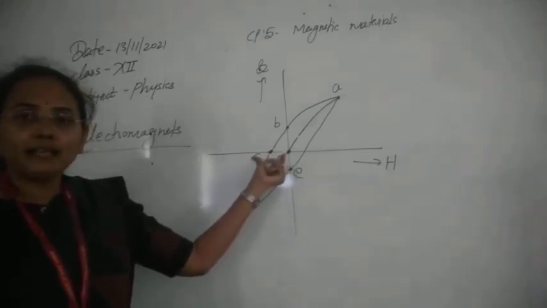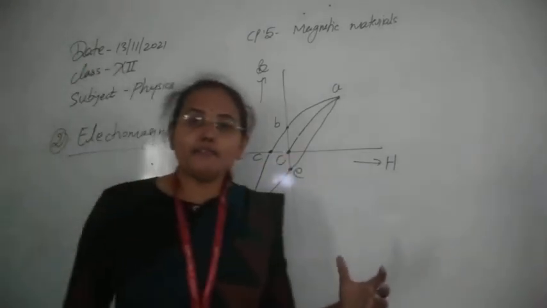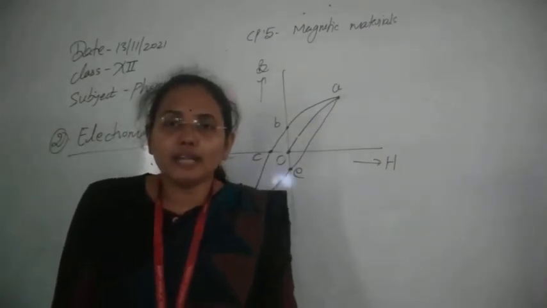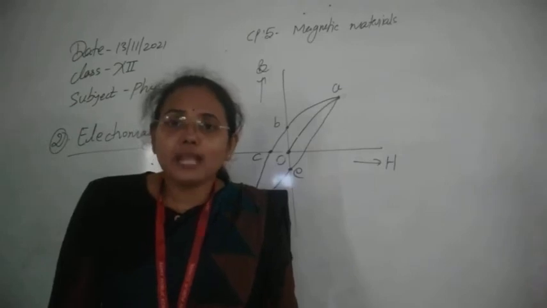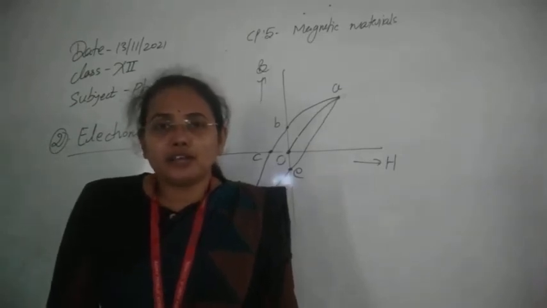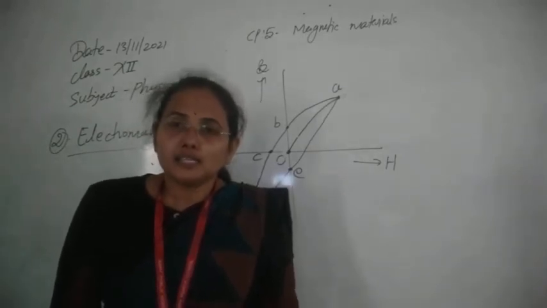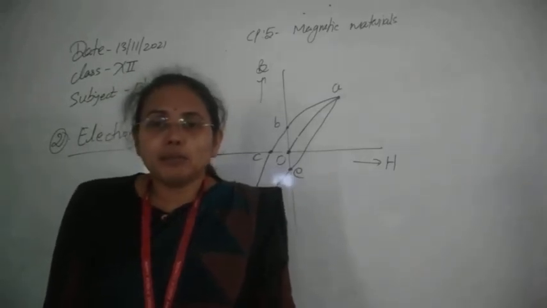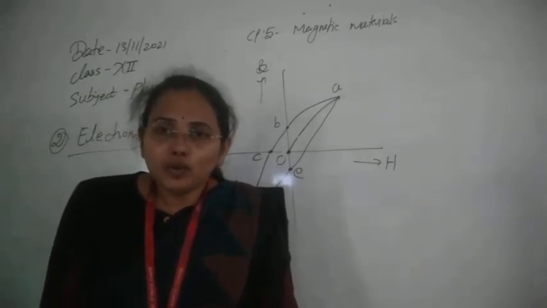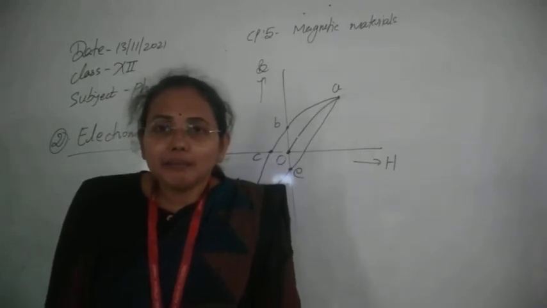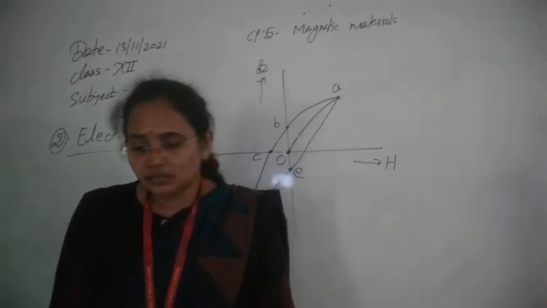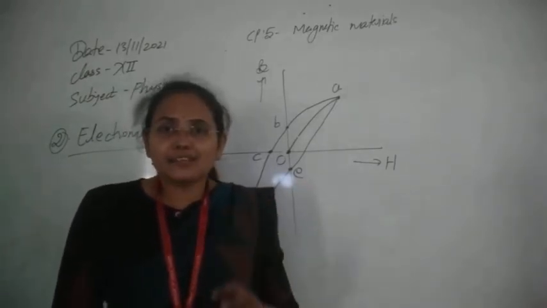Because if it is high, then we will need a high field again to remove the magnetization, and here we do not need any kind of retentive behavior for the construction of an electromagnet. We only need a material in which we can produce magnetization by applying a field, but we don't need any magnetization to be retained.